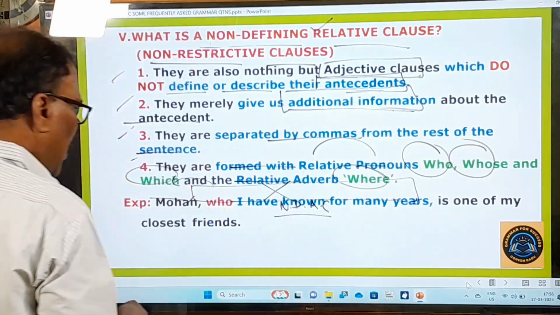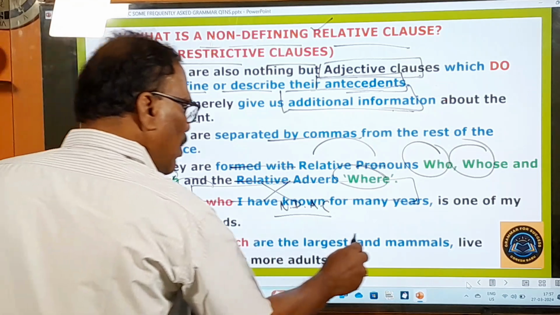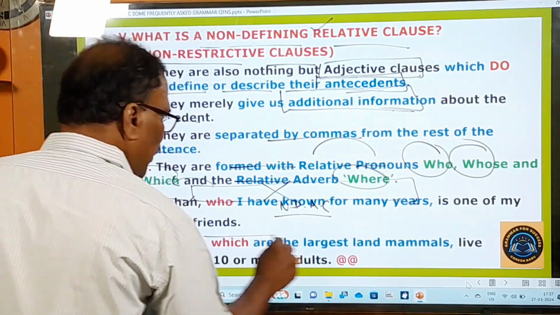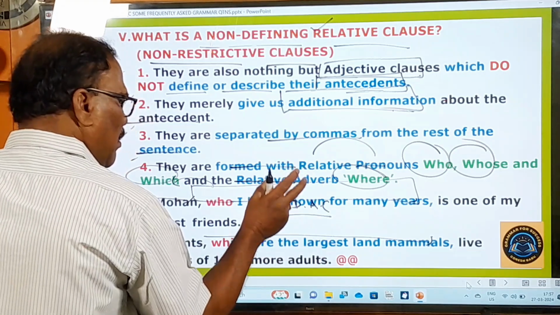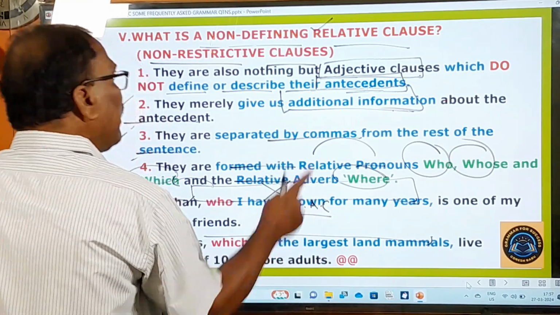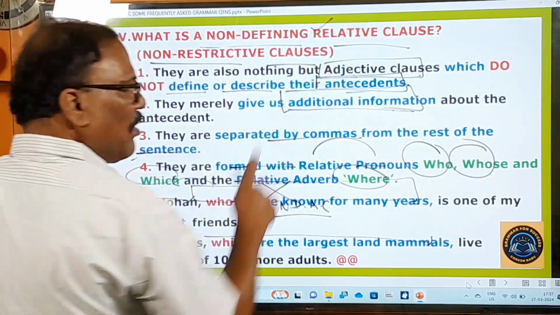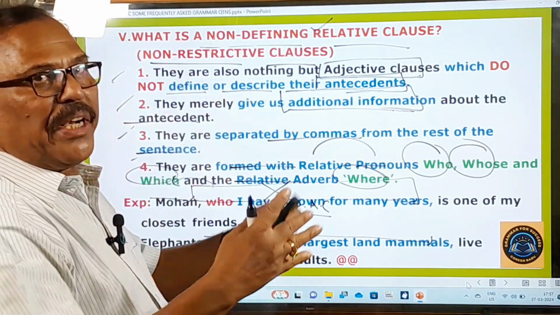Similarly, I'll give you some examples so you can understand. Elephants, which are the largest land mammals. We have separated this part. Whenever an adjective clause is separated by commas, you must think it is a non-defining relative clause. Non-defining relative clauses are always separated by commas.